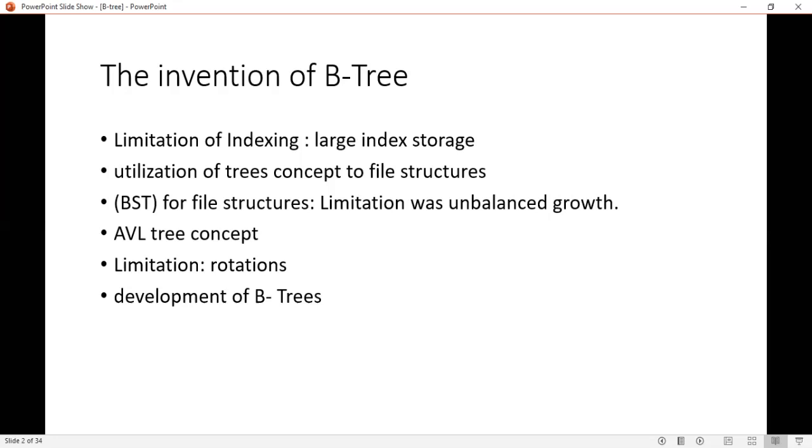This led to the development of AVL trees, which solved the height balance, but led to the problem of a lot of local rotations in order to balance the tree. This limitation resulted in the development of B-trees.